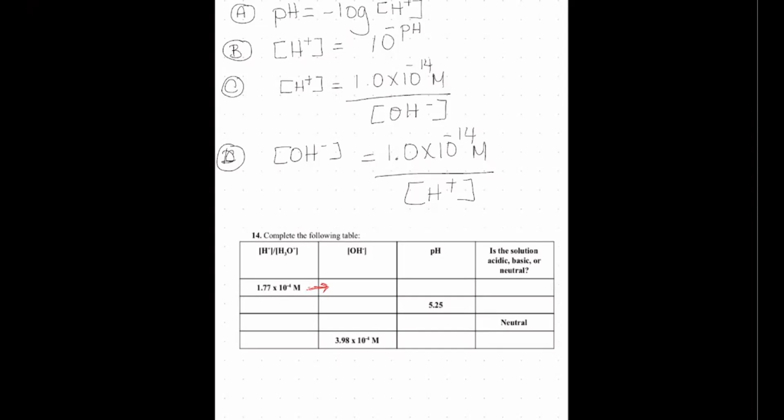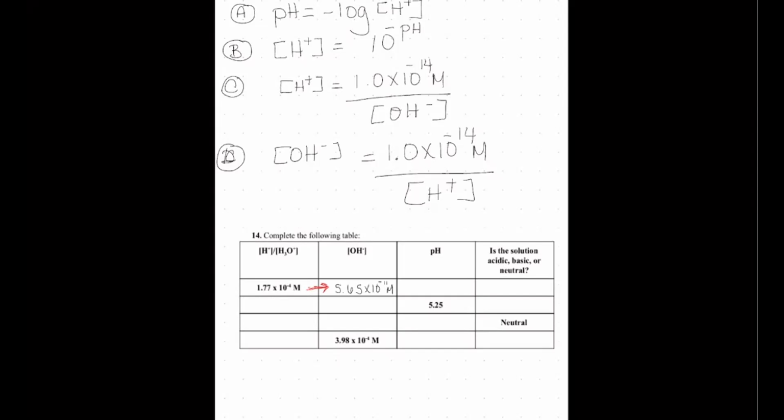There you go, letter D. So if I take this number and I say 1 times 10 to the negative 14, and I divide it by 1.77 times 10 to the negative 4, I get 5.65 times 10 to the negative 11, and molar is the unit. I just divided 1.0 times 10 to the negative 14 by that value.